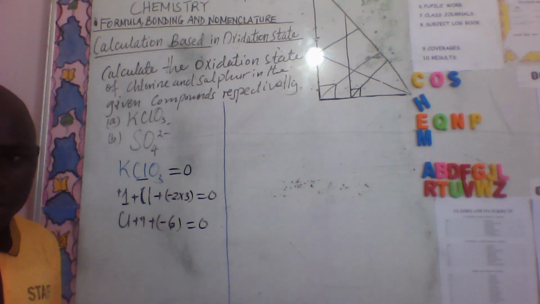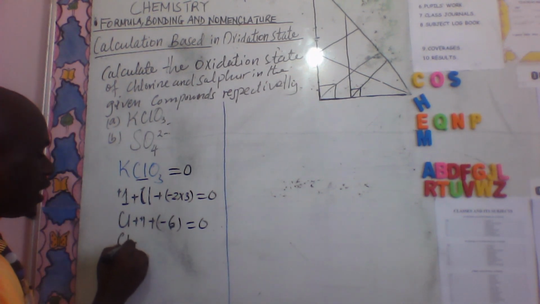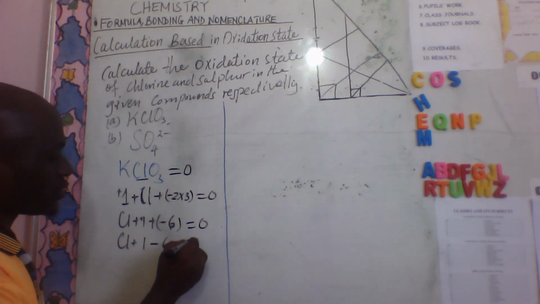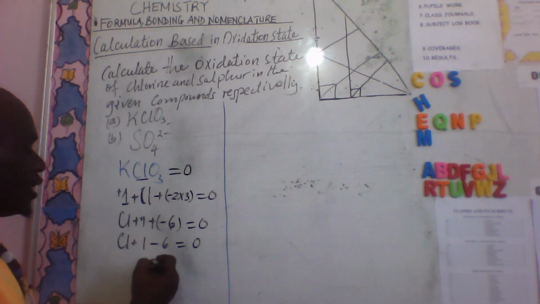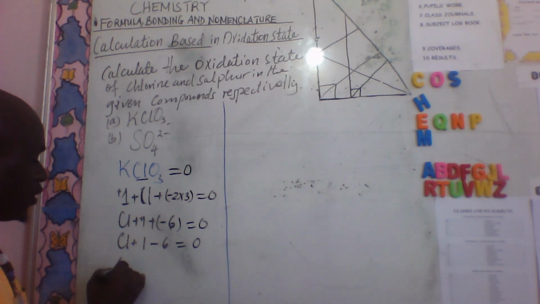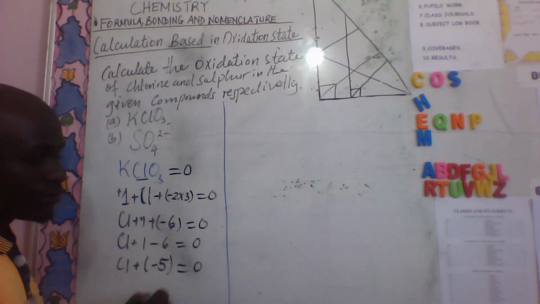So chlorine plus 1 minus 6 is equal to 0. When we collect that term here, we have Cl plus negative 5 is equal to 0.